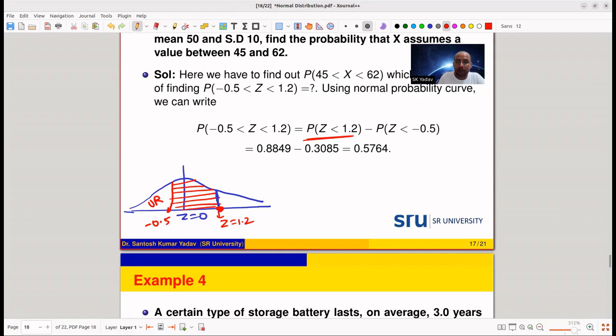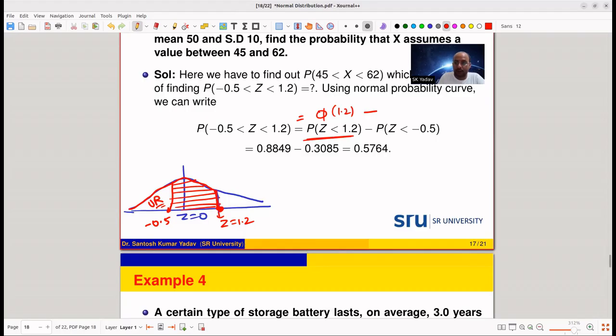That means it is equal to phi of 1.2 minus, that is, the total area from minus infinity up to that point. And then I subtract this unrequired area, which is from minus infinity up to minus 0.5.